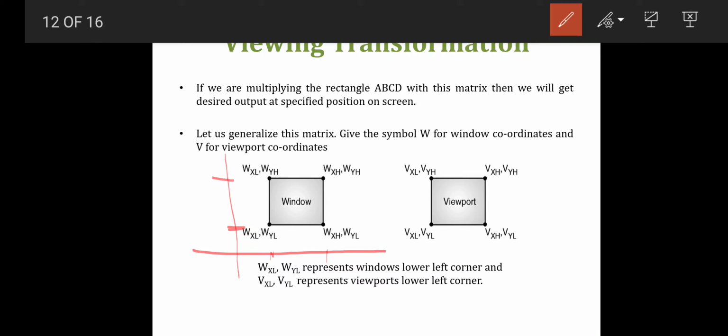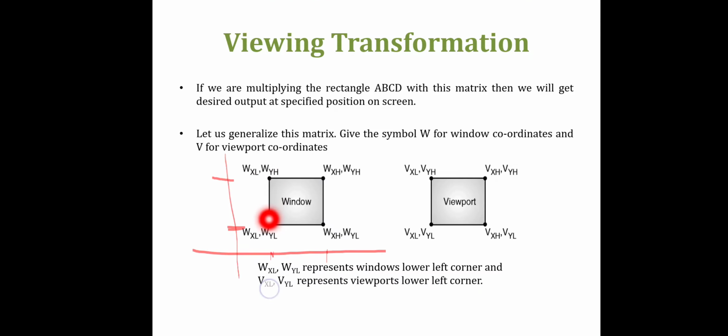So, what we have here: the lower x, lower y coordinate; the higher x, lower y coordinate; then the higher x, higher y coordinate; and here the lower x and higher y coordinate. In this way I am representing the window. The same coordinates will be there for the viewport, but we show them with V. So, these are the window coordinates, and these are the viewport coordinates.